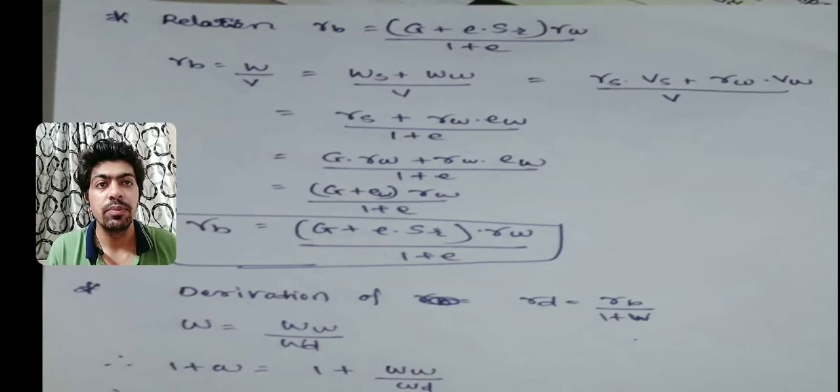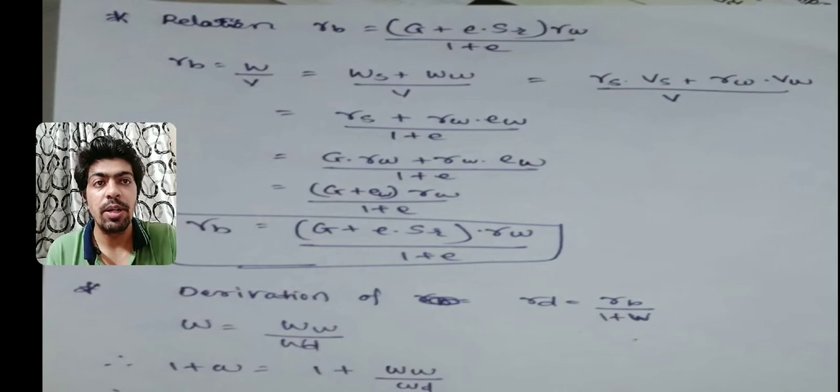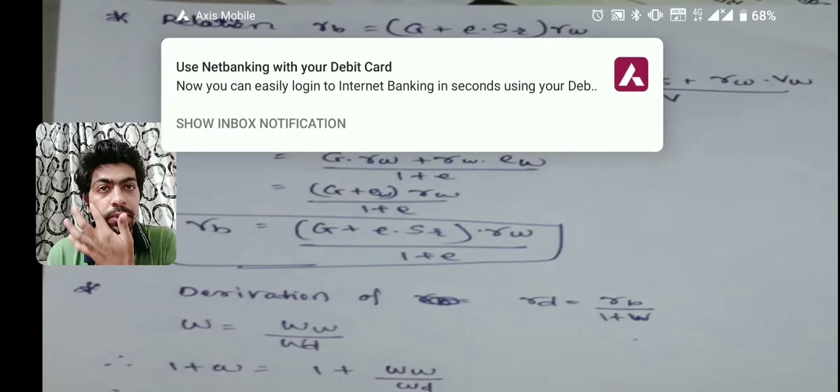Now we know that specific gravity G is the ratio of gamma S upon gamma W. So from this, gamma S becomes G into gamma W. In the third term you can see G into gamma W plus gamma W into Ew upon 1 plus e.